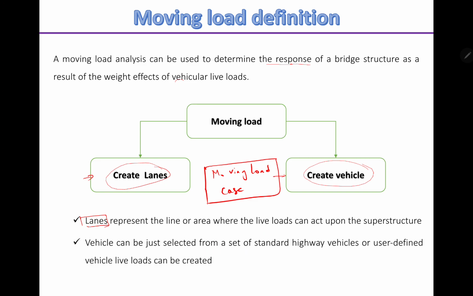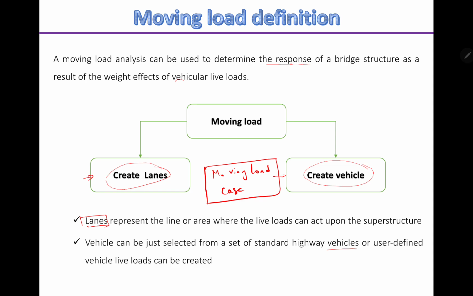When we are designing a highway bridge, we use standards. For example, in the United States we use AASHTO, in Canada we use the Canadian code, in Europe we use the Eurocode. In each standard, typical highway vehicles are defined.